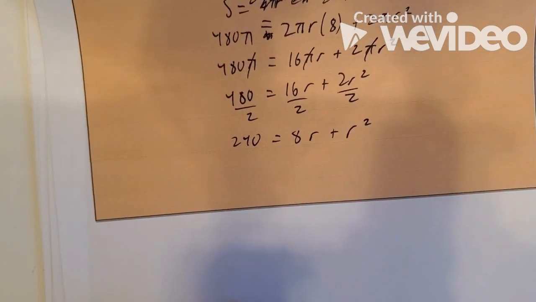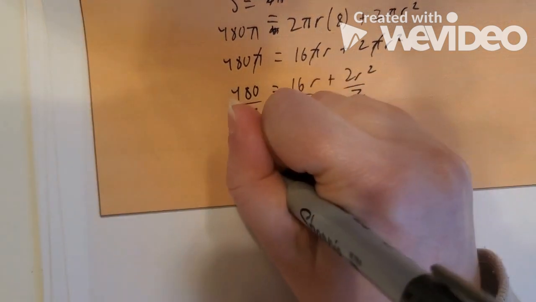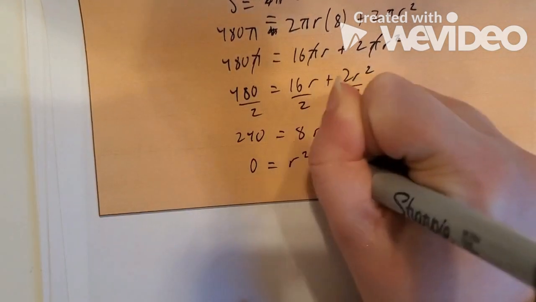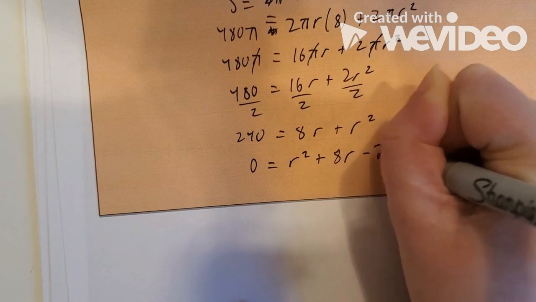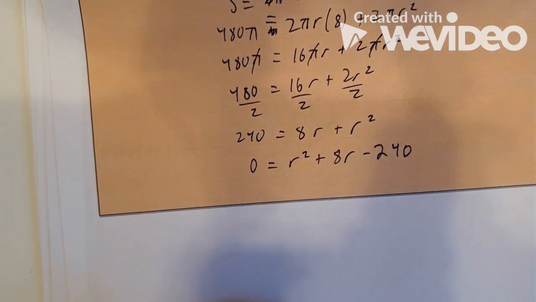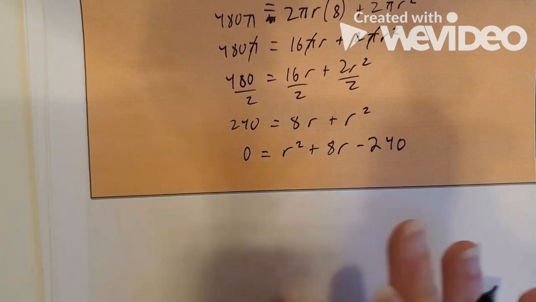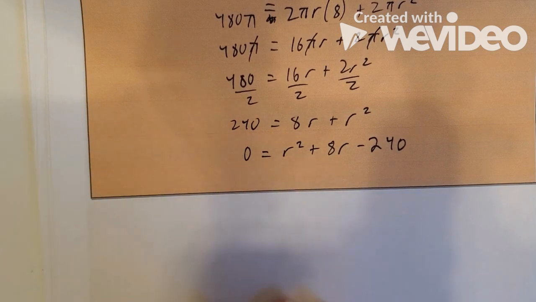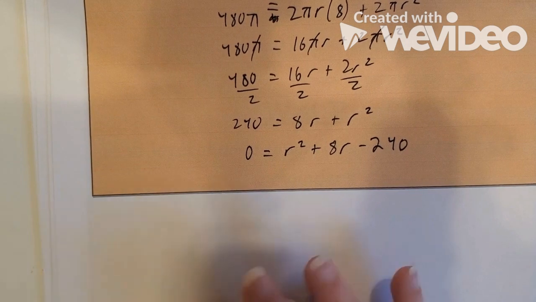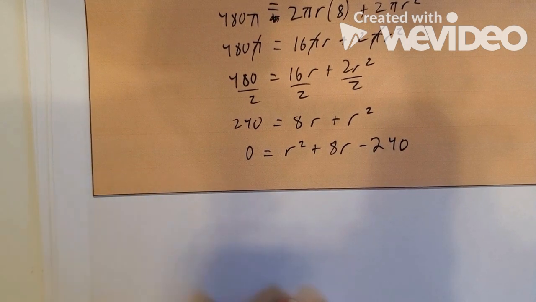All right. So if I just rearrange some stuff, this is going to be 0 is equal to r squared plus 8r minus 240. So now what we have to do is figure out what are factors of negative 240 that add up to 8. I feel like we've done stuff like this before where it's probably going to take a long time, so I'm going to pause this again and come back.